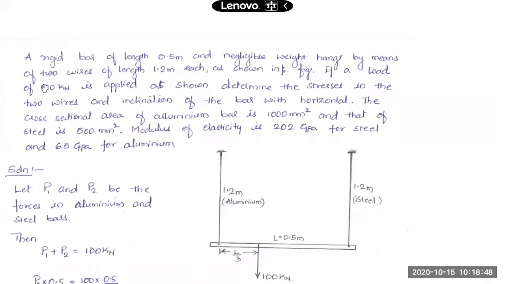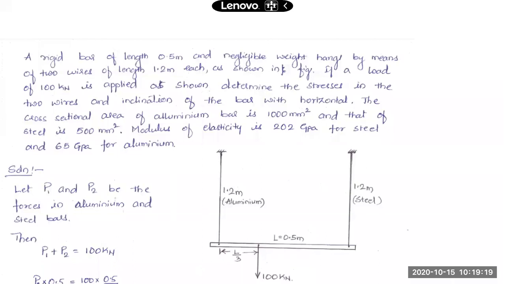Here also is a similar problem. A rigid bar of length 0.5 meter and negligible weight hangs by means of two wires of length 1.2 meter each, as shown in the figure. If a load of 100 kilonewton is applied as shown, determine the stresses in the two wires and the inclination of the bar with horizontal.